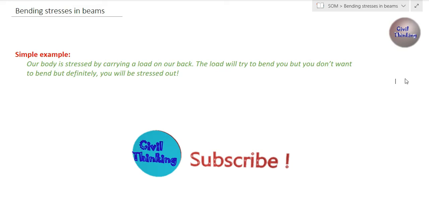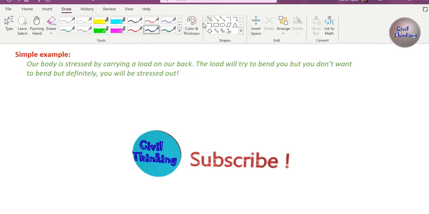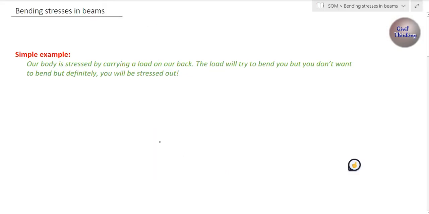So let me begin with a simple example. As you can see on your screen, it's written, our body is stressed by carrying a load on our back. The load will try to bend you, but you don't want to bend, but definitely you will be stressed out. So what it is saying is, if you are carrying a load on the back, for example, you, and you are carrying a load on your back, right?